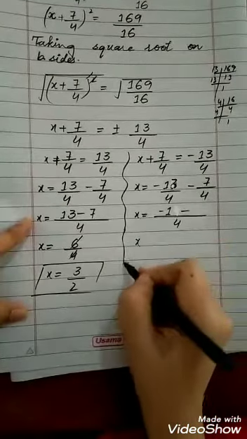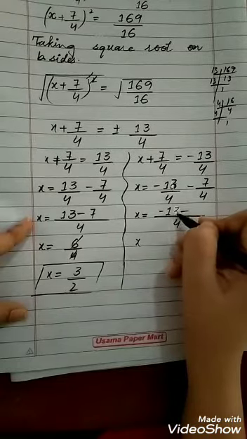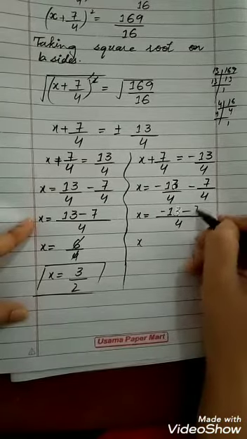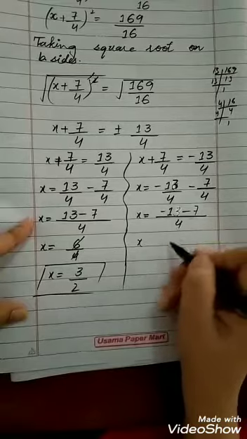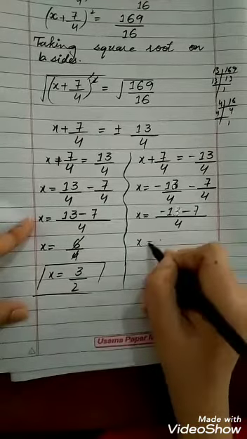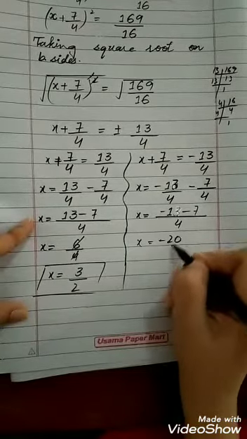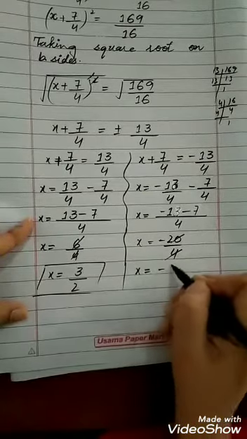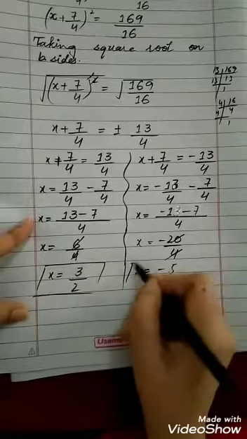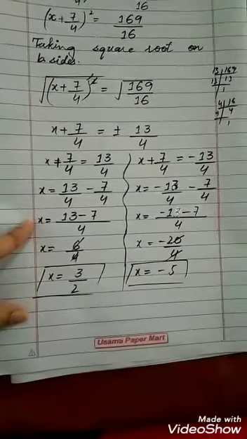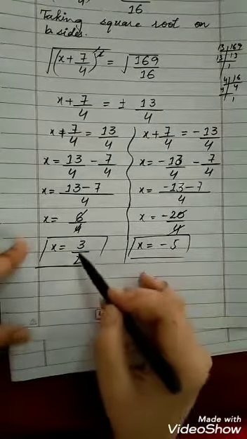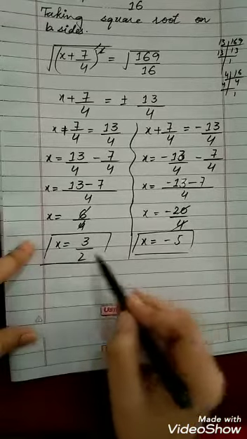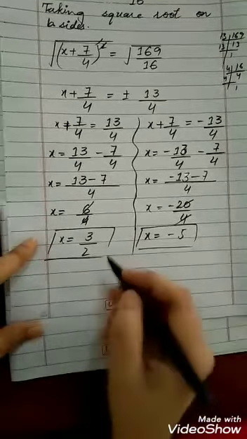And then minus 13 minus 7 is equal to minus 20 by 4, and 5 fours are 20, so it will be minus 5. Which means the solutions we got for x, one is 3 by 2 and the other is minus 5.